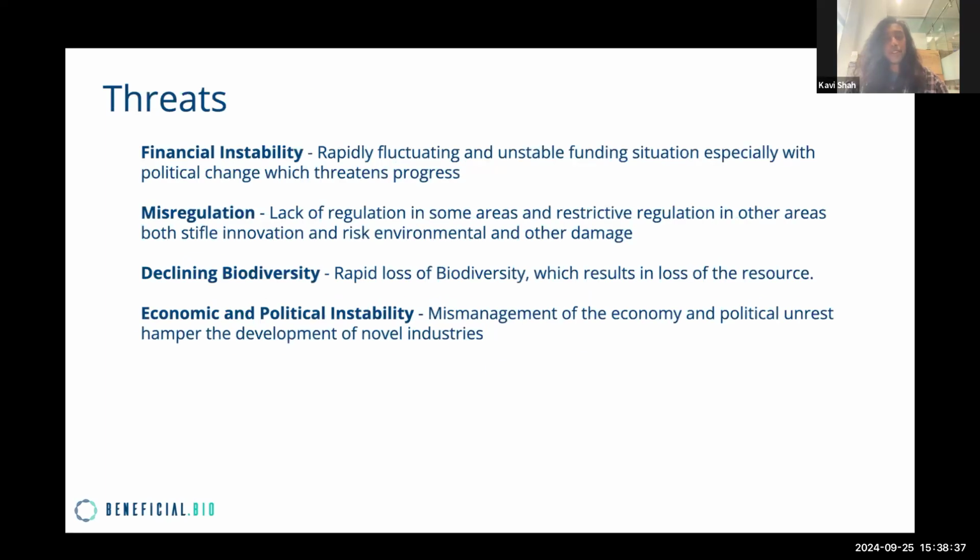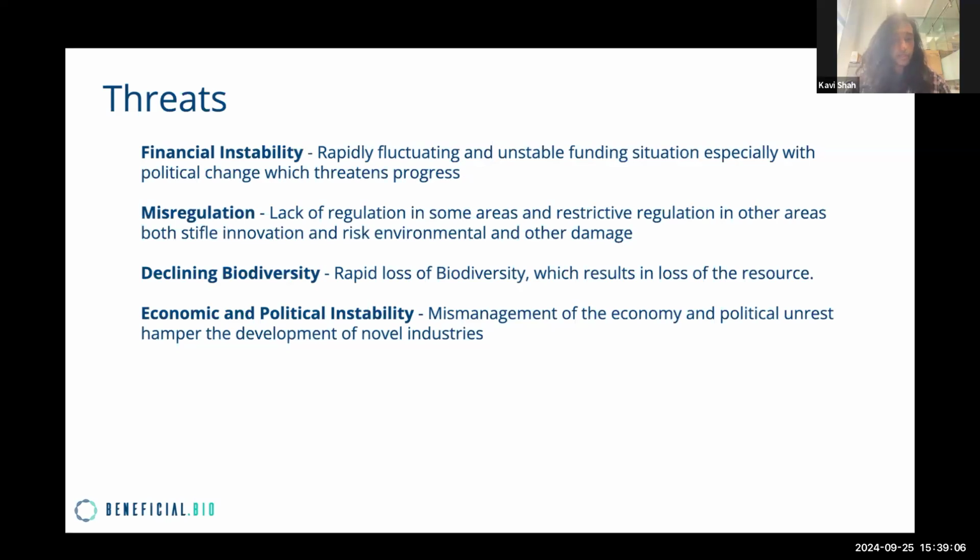And so some of the main threats to development of biotechnology and biomanufacturing include financial instability, and that goes without saying, misregulation. So in particular, some areas are very strongly regulated and others have very little regulation, and that poses risks to both stifle innovation, but also there are environmental risks that go along with biomanufacturing and biotechnology.